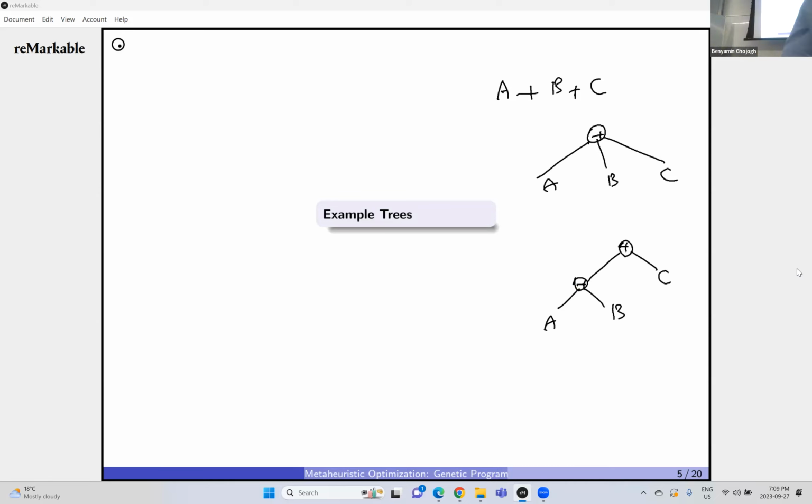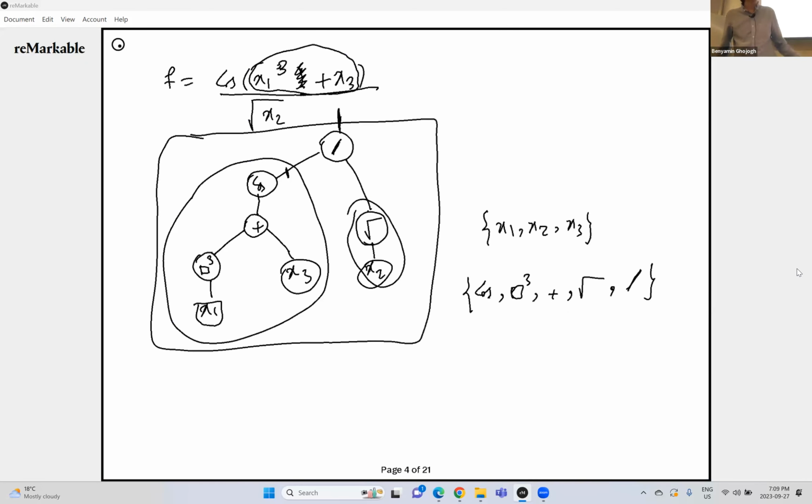In our example, would the root node be part of the terminal set or the function set? No, the terminal set has the variables only, which appear in the terminal nodes, right?